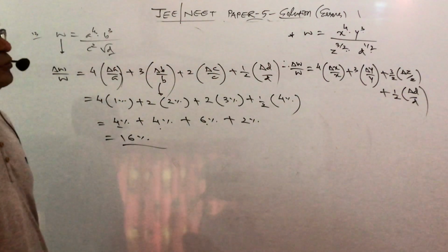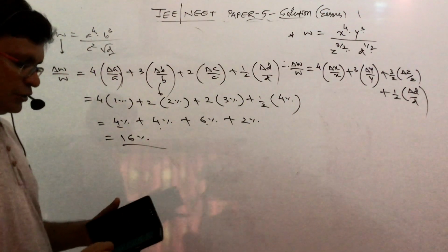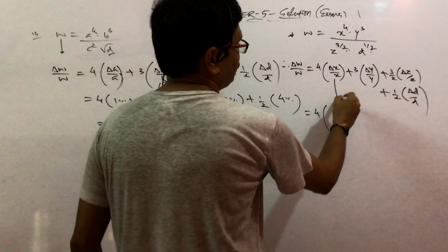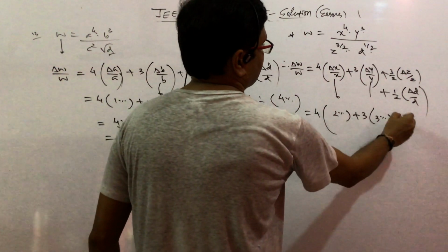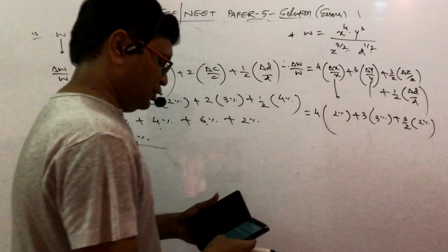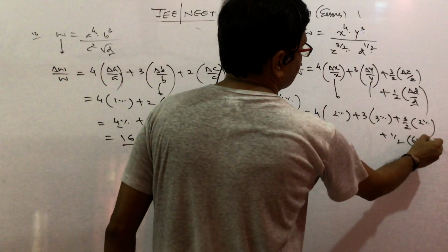You can see. Okay friends, what is the percentage error in x, y, z? 2, 3, 2, 6. So what is the percentage error in x? 2%, y 3%, z 2%, and last, in d it is 6%.